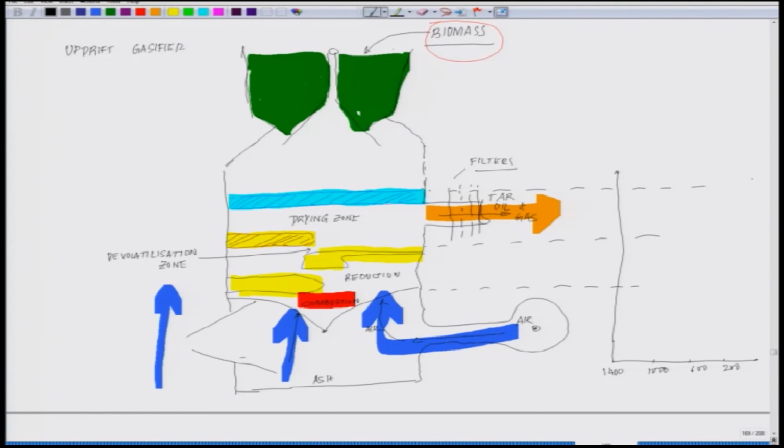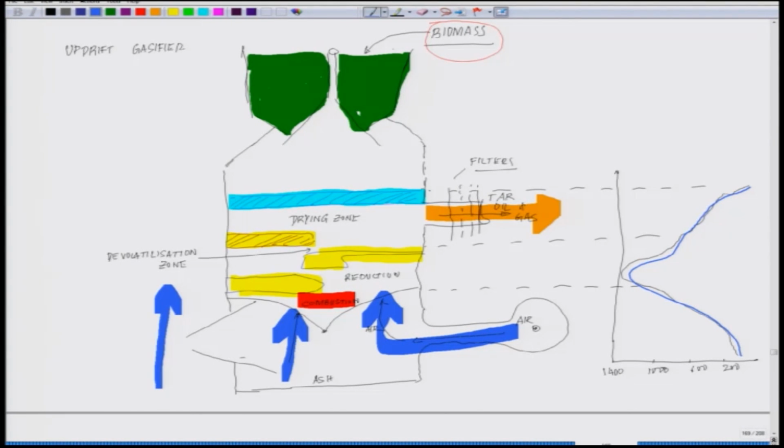The temperature starts increasing and attains the maximum in the combustion zone, and then it falls again. So, what does this picture tell you? It means that inside this gasifier, the temperature is not uniform.